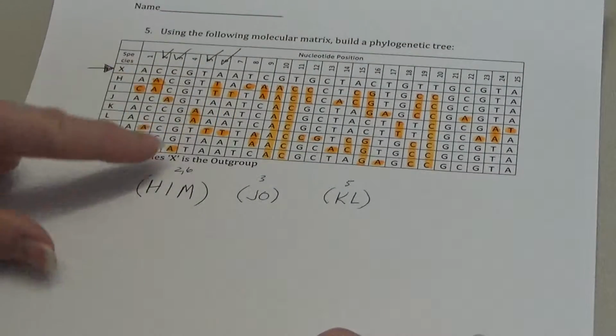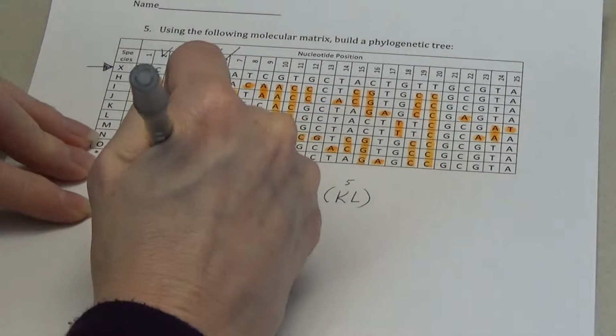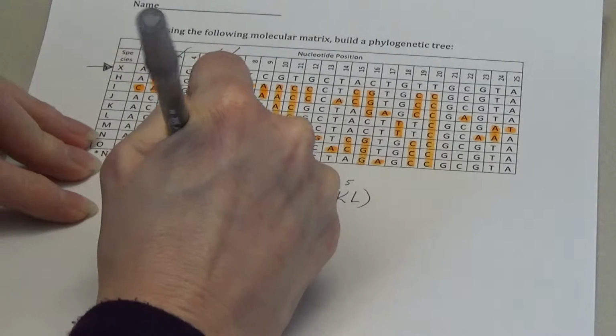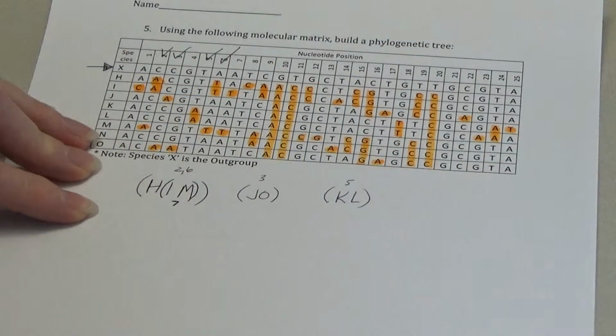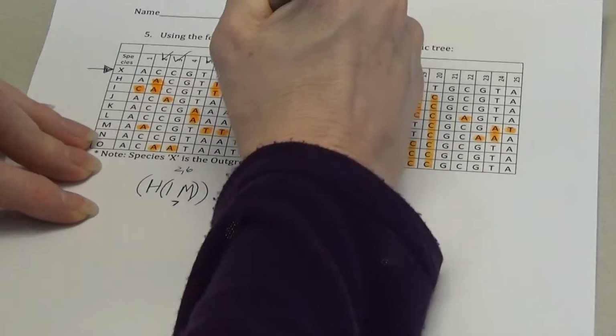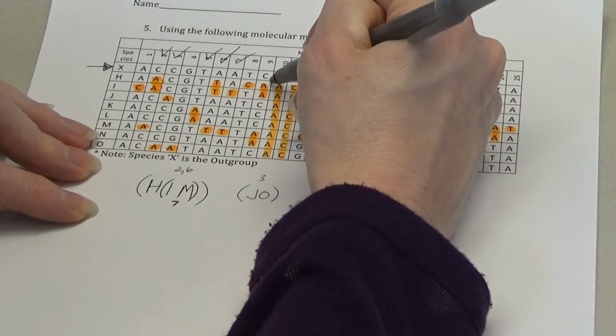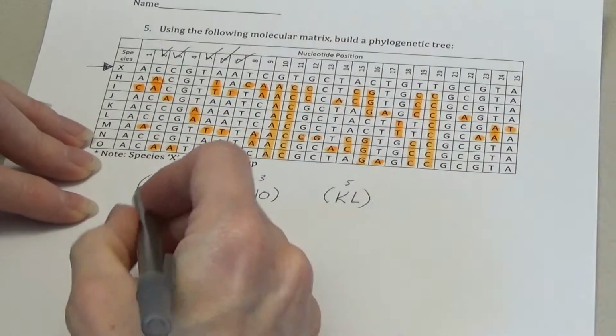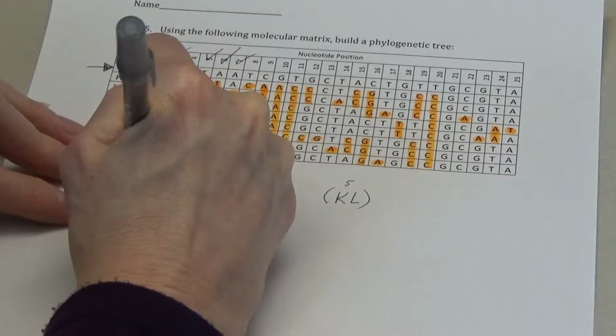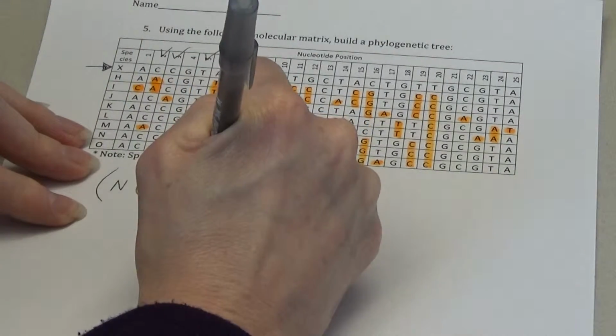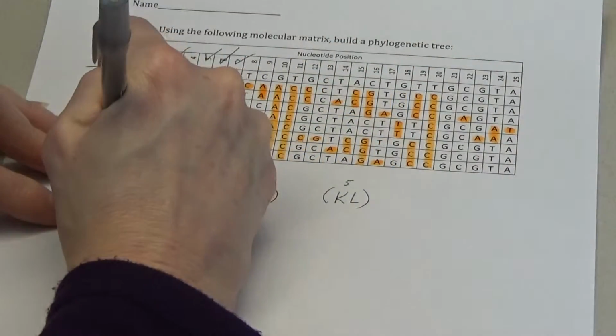Trait 7 puts I and M together. So we've got a smaller group in here of I and M with trait 7. Does that make sense? Okay, trait 7. Trait 8 is uninformative. Trait 9 gives H, I, M, and N. So H, I, M, and N would make a group with trait 9.